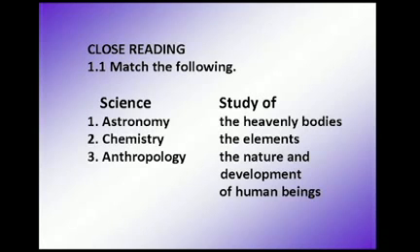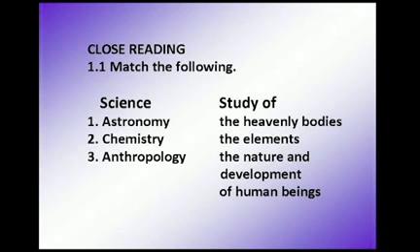The first exercise is to match the word or phrase on the left-hand side to the one on the right-hand side. Let's try question number 1. The given word on the left-hand side is astronomy, and you will find the word on the right-hand side which can be matched to it.